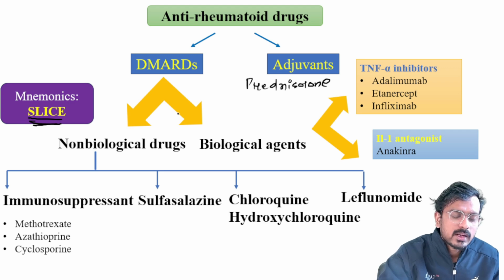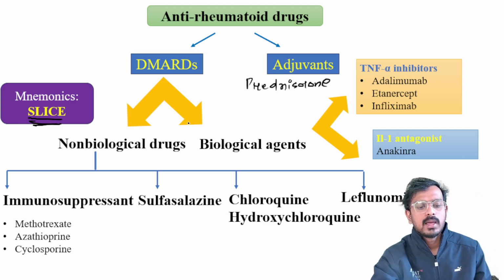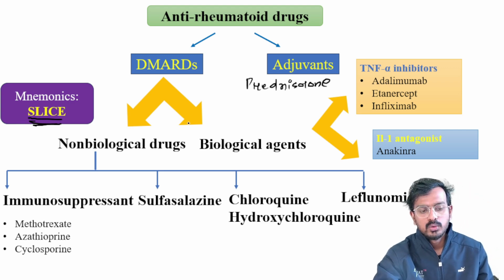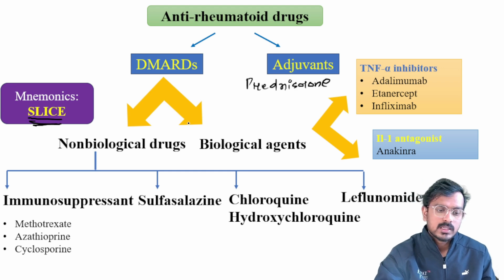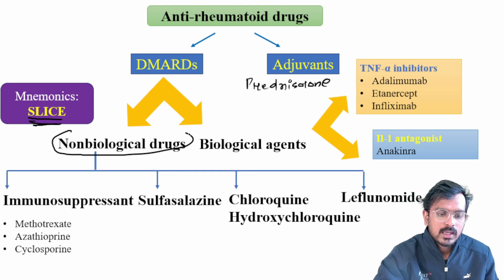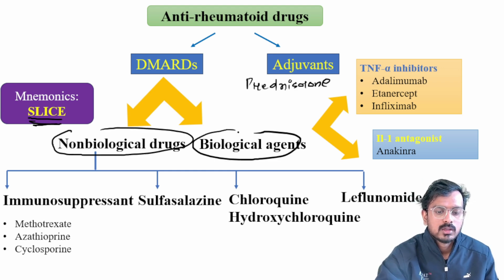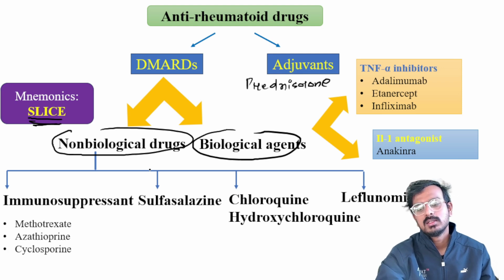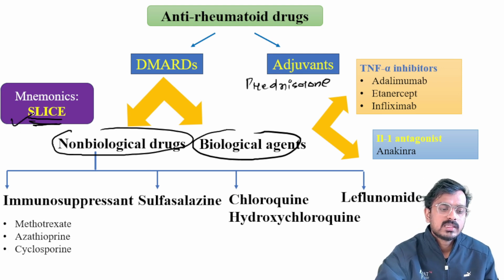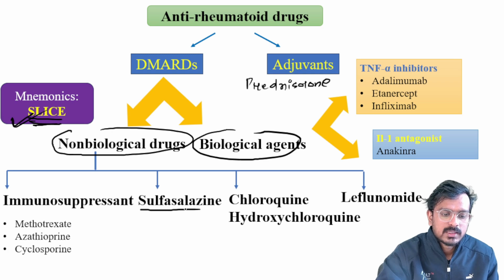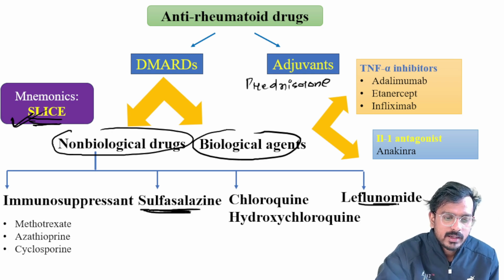The DMARD class of drugs has two subclasses: one is non-biological agents, another one is biological drugs. Non-biological drugs you can remember by the simple mnemonic SLICE. S stands for sulfasalazine. L stands for leflunomide.